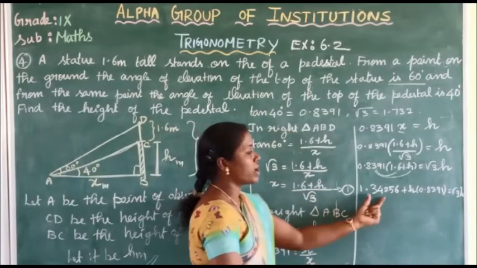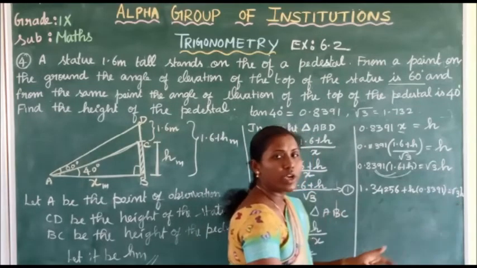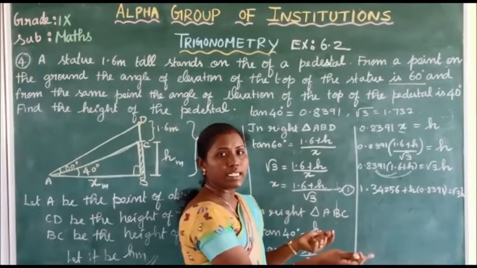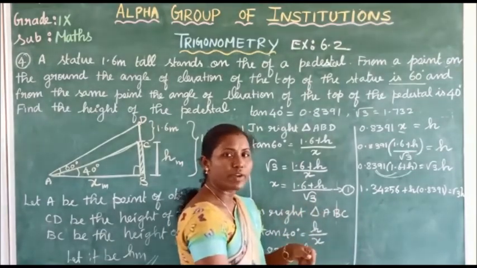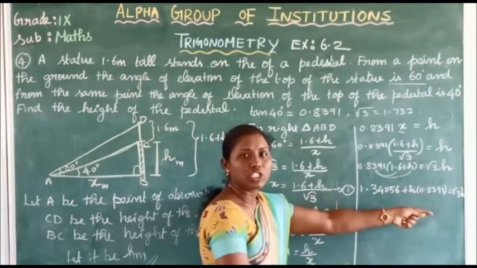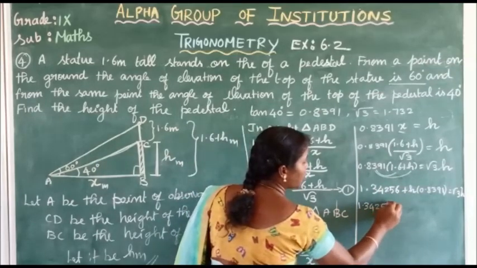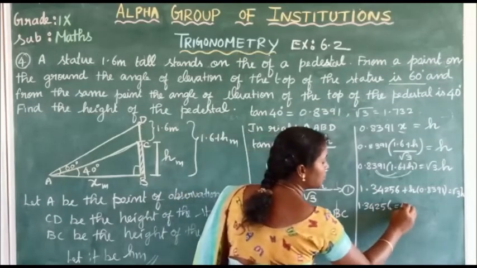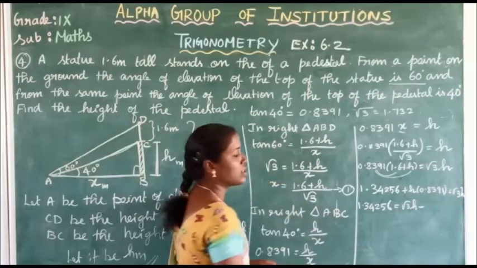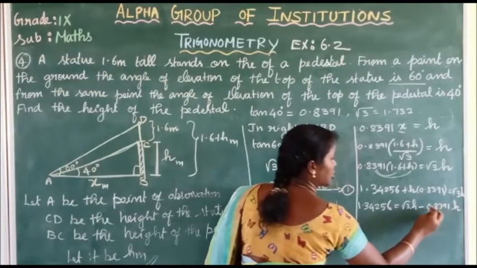Now we are having h on both sides, so we move the variable h to one side. The 1.34256 is equal to root 3 h minus 0.8391 into h.